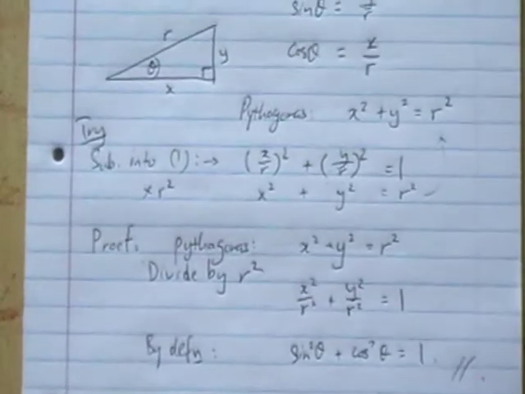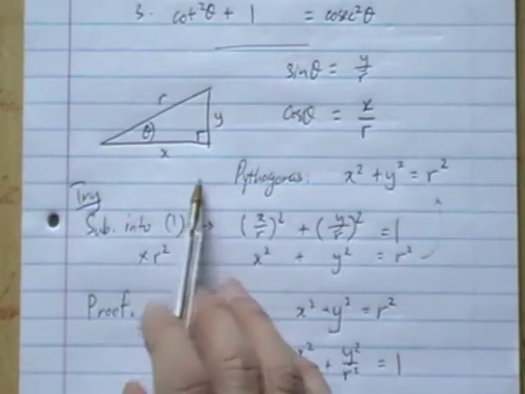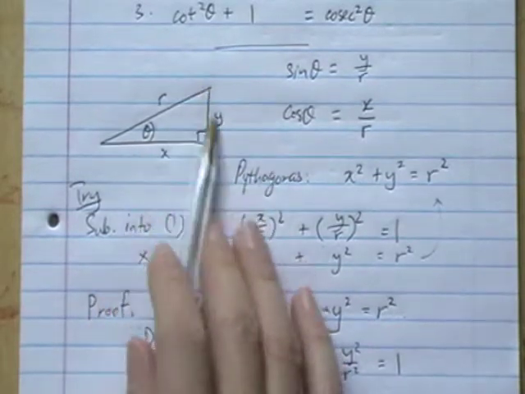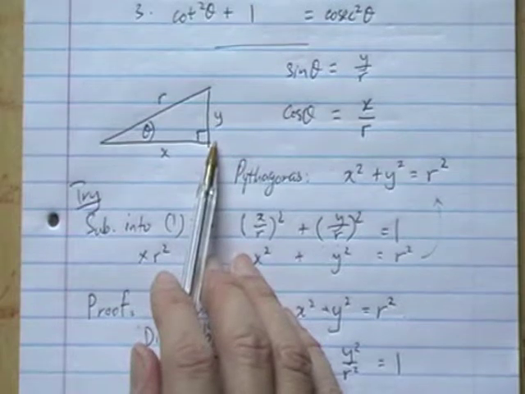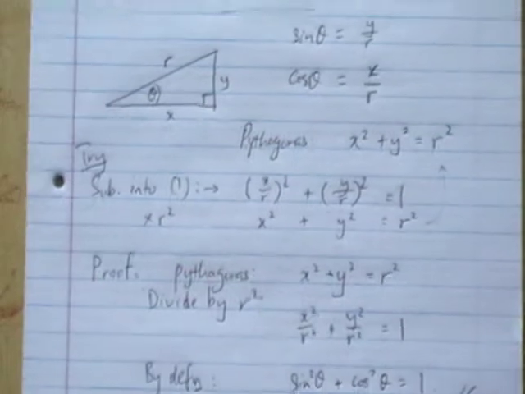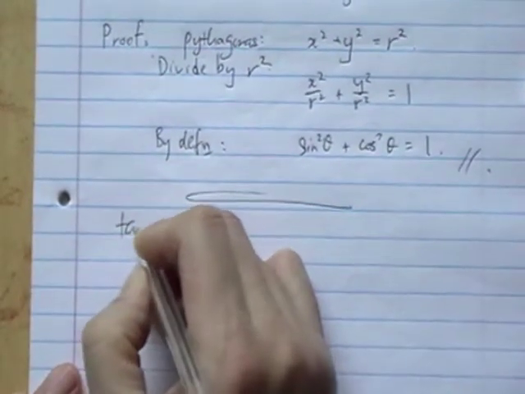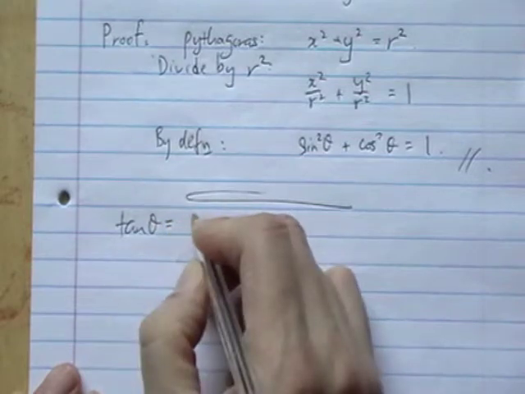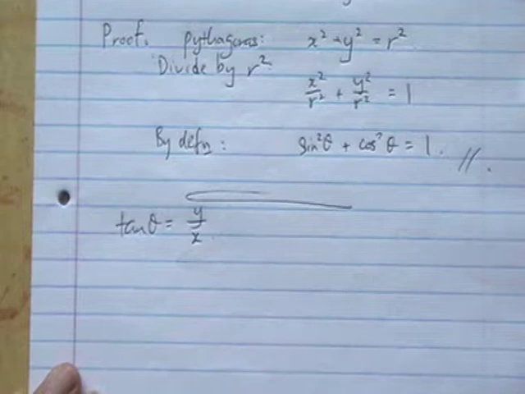Now from the definitions, from the right-angled triangle, the tangent of theta is defined as opposite over adjacent. Let me write that down. Opposite is y, adjacent is x.